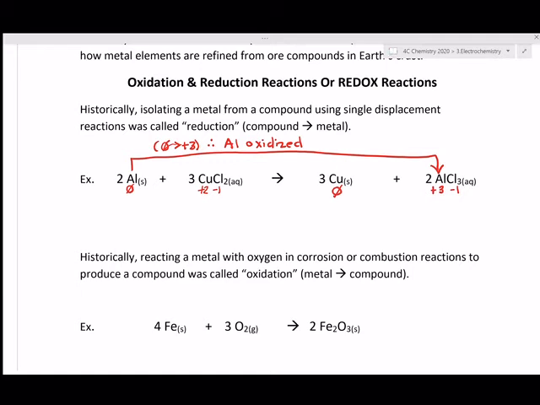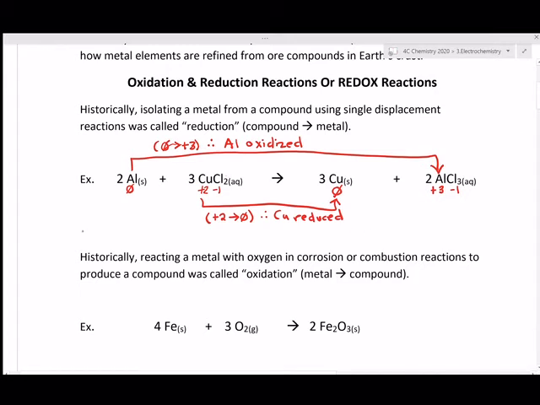Okay, copper also had a change happen. Copper went from +2 down to 0. So copper was reduced, because literally the oxidation number was reduced. Okay, and then if you notice, chlorine -1, chlorine -1.